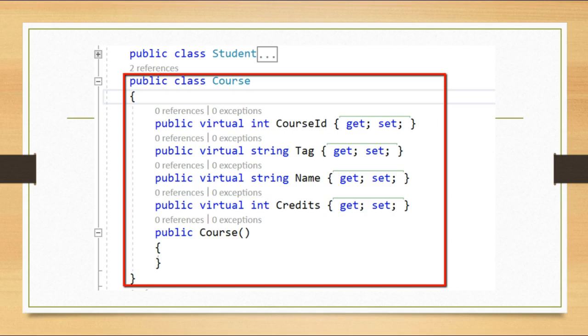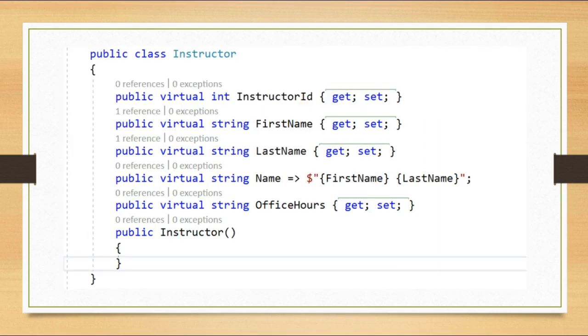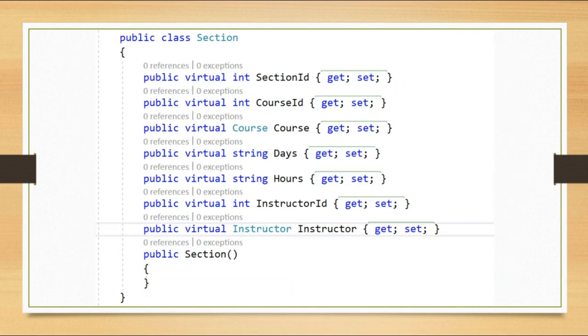Now I did the same thing for course with course ID, tag, the name of the course, how many credits, with the constructor. I did the same thing with instructor with instructor ID, first name, last name. Here I added a read-only property called name, which is a concatenation of first name and last name, and office hours, along with a constructor.